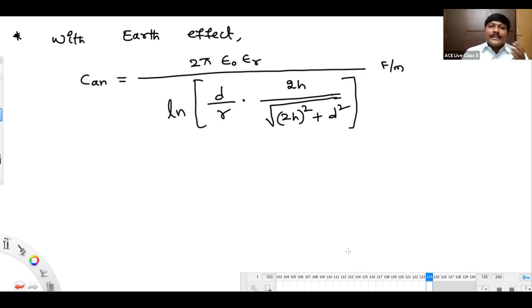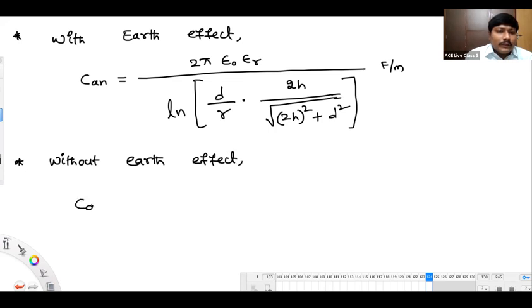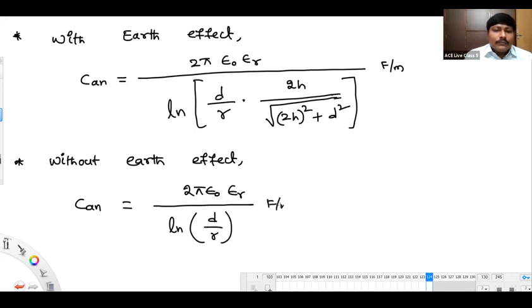Earlier we derived capacitance from A to neutral without earth effect, right? Let me write that equation also here. Without earth effect, capacitance from A to neutral will be 2 pi epsilon naught epsilon r by natural logarithm d by r.